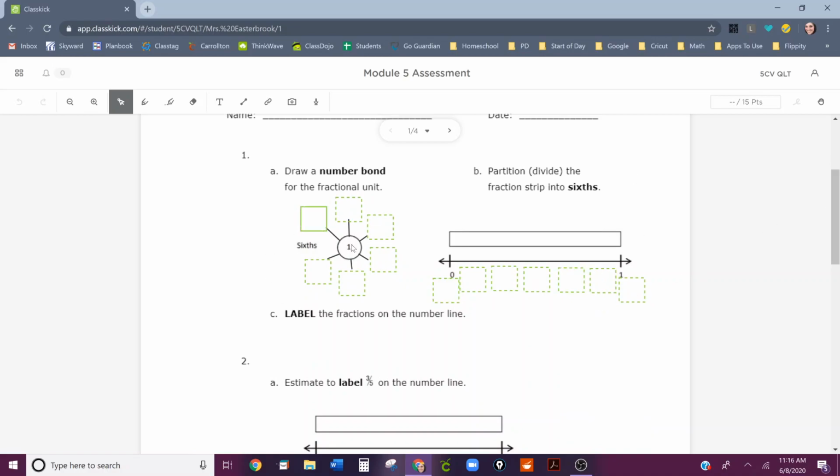So I did the number bond for you, but you had to fill in the fractional unit. So this would be 1 out of 6 units. And remember, if it's big like that and that bothers you, you can just come up here and hit that T- button, and that makes the text smaller. And then same thing, this one will be 1/6. 1/6.